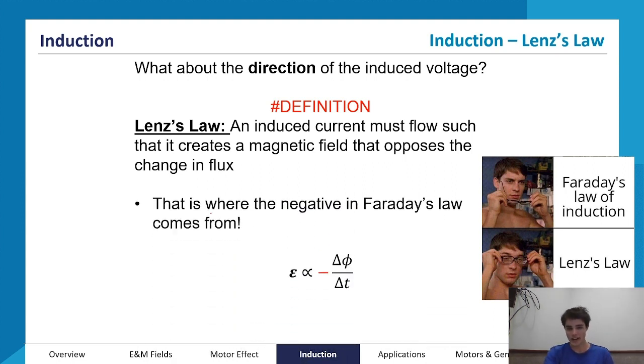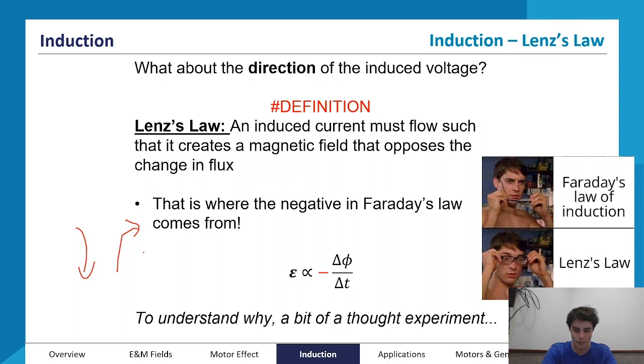Basically, this is where the negative in Faraday's law comes from. It tells us that if we have a change in flux, basically if we have a current flowing in one direction, the current that's induced in the other side always needs to oppose it. Whatever changes needs to be acting in opposition. And this essentially comes from the law of conservation of energy.